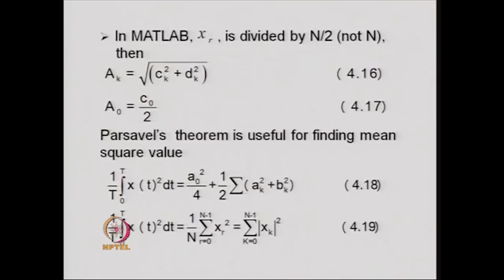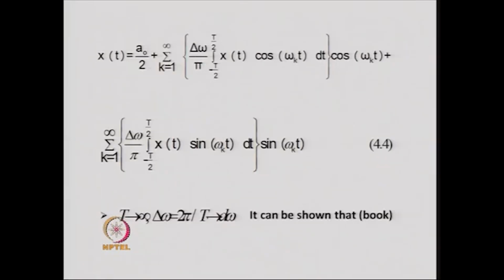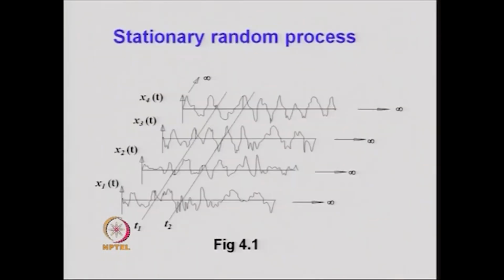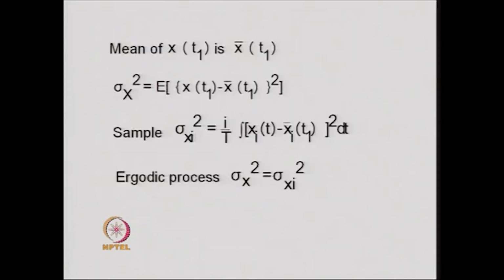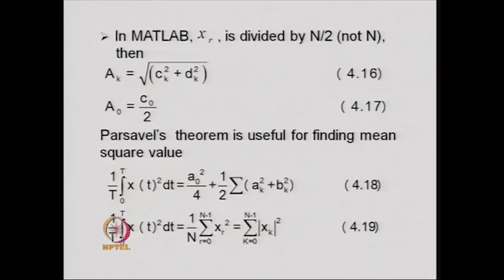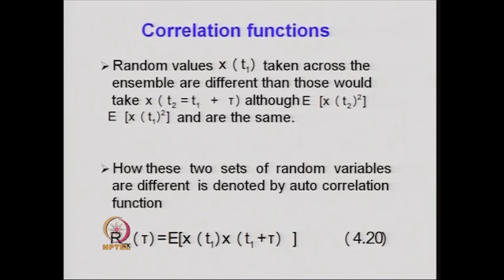Let me show you again in the figure what those are. That is this t1 and t2, and tau is this distance. So, the greater the value of tau, the more is the time lag between the two random variables, and the autocorrelation between the random variables x(t1) and x(t2) is a function of tau, that is the time separation.